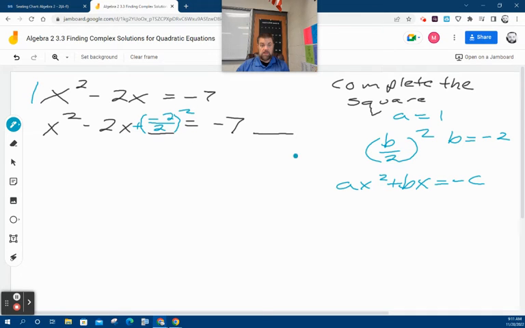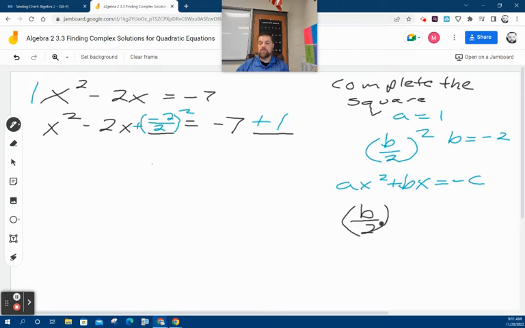Anyways, but what is -2 divided by 2? -1. What's -1 squared? +1. So really what we're doing is we're adding 1 to both sides, correct? All right. So now this next line, whatever this is, let me write that out for you guys.